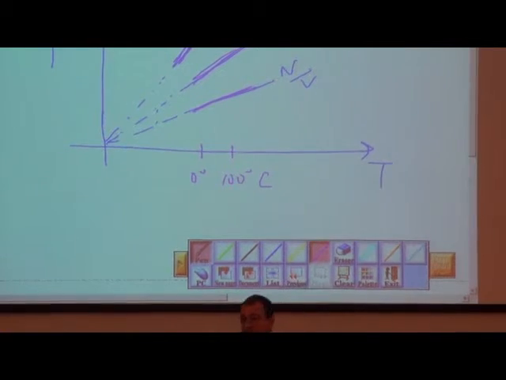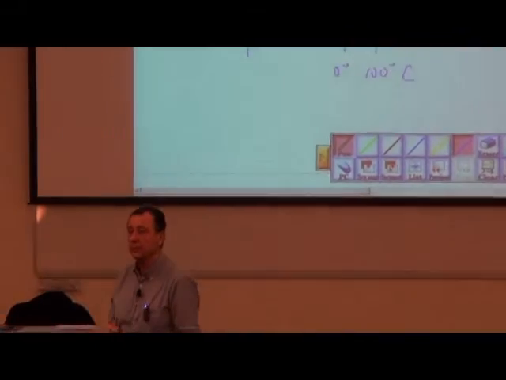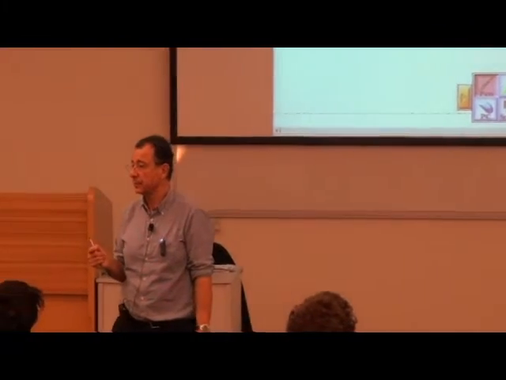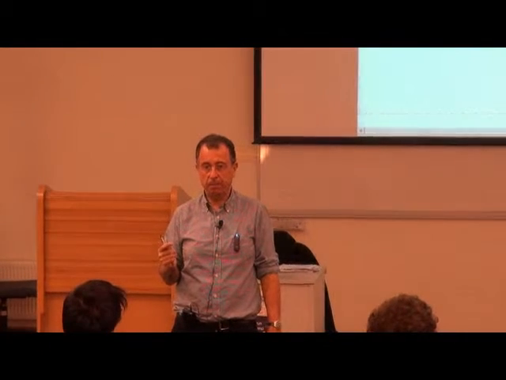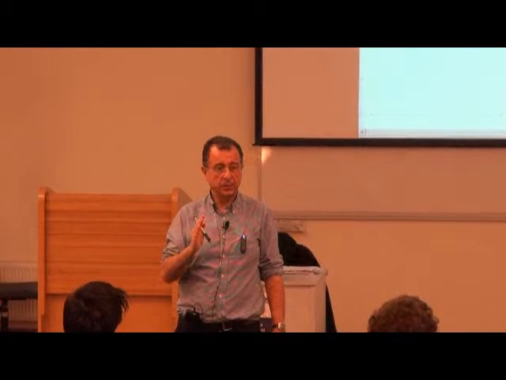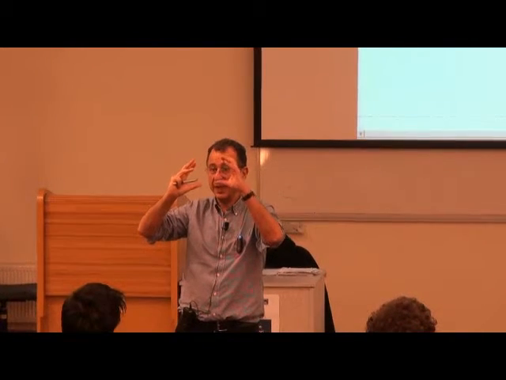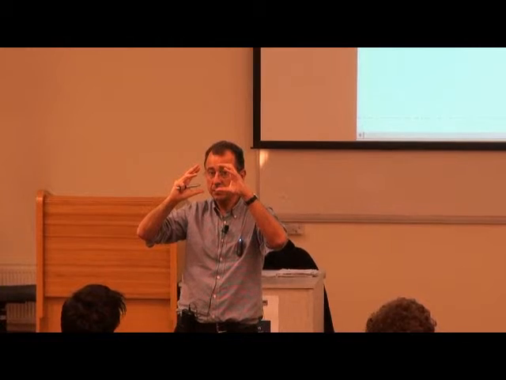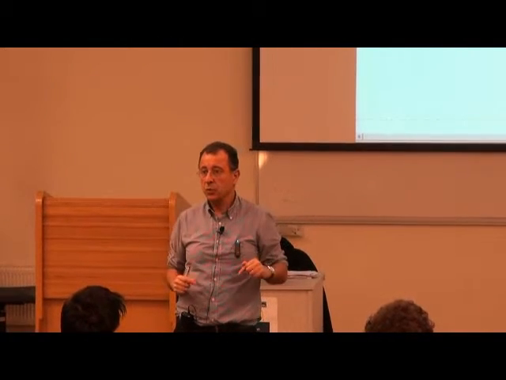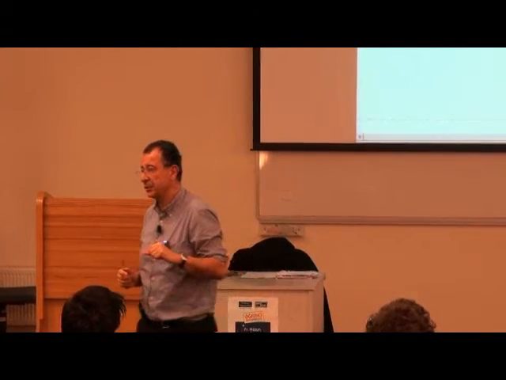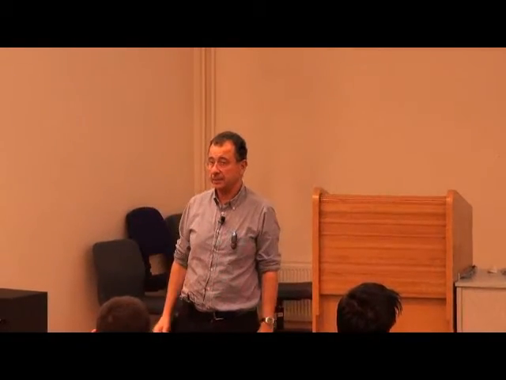You get a different straight line purely from experiment for different densities, N over V, but for each constant density gas, okay, you get pressure with respect to temperature as a straight line.